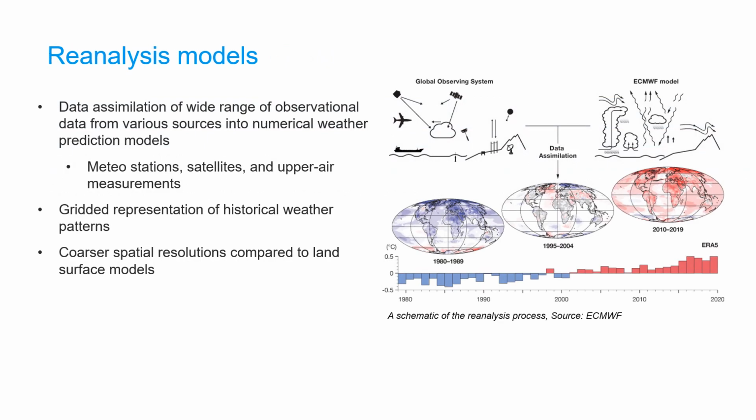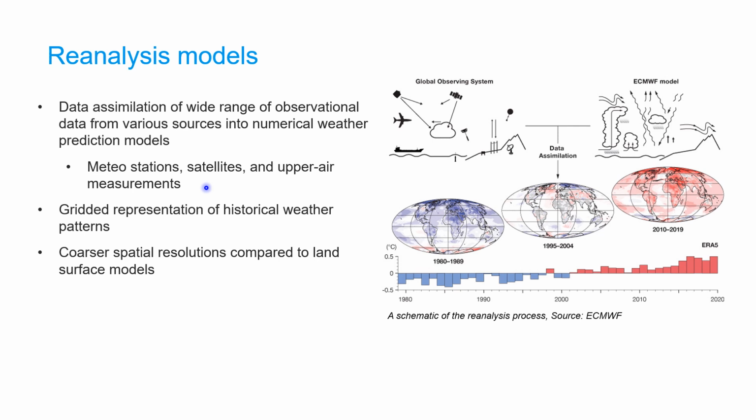Reanalysis models are widely used in meteorology and climatology to generate consistent datasets of past weather and climate conditions. These models combine observations from various sources, such as weather stations and satellites, with numerical weather prediction models to produce a gridded representation of historical weather patterns.